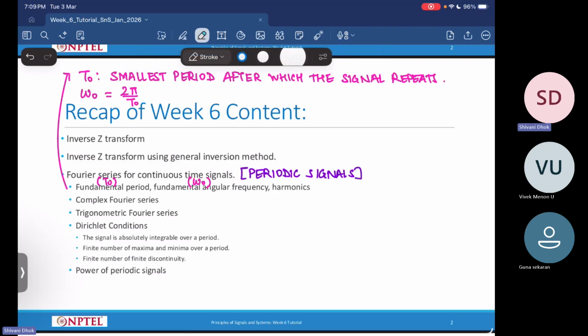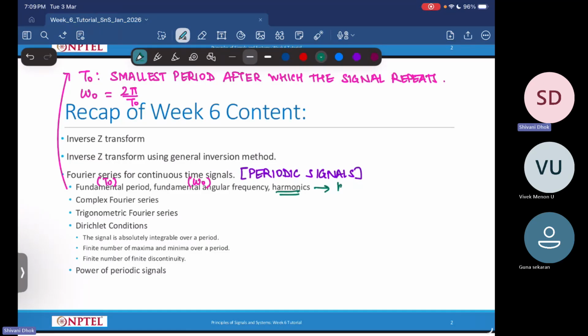And harmonics: a harmonic is any integer multiple of your frequency, maybe angular frequency or Hertz frequency, where k belongs to the set of integers. This Z is the set of integers.